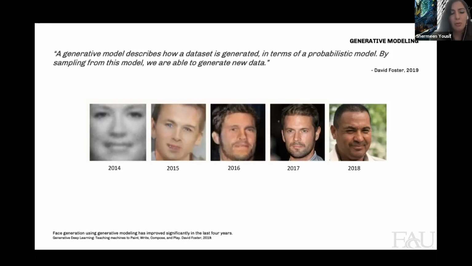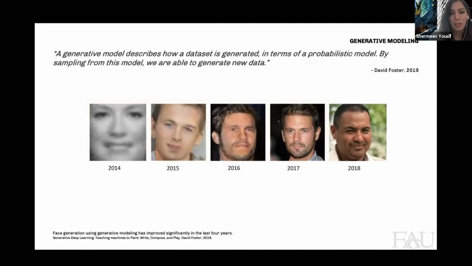So feeding the neural network hundreds and thousands of images, the network and the AI agent can synthesize new images or faces that are really realistic, but they're synthetic, right? So they're really images of people that never existed before.